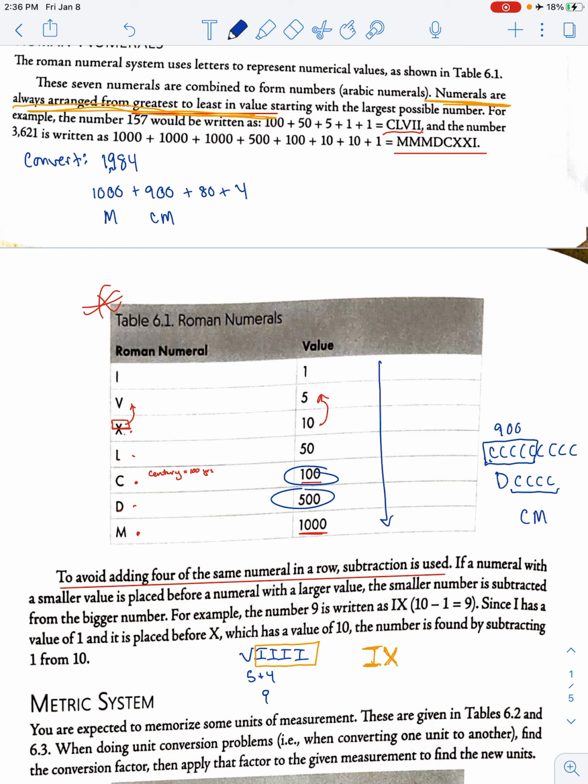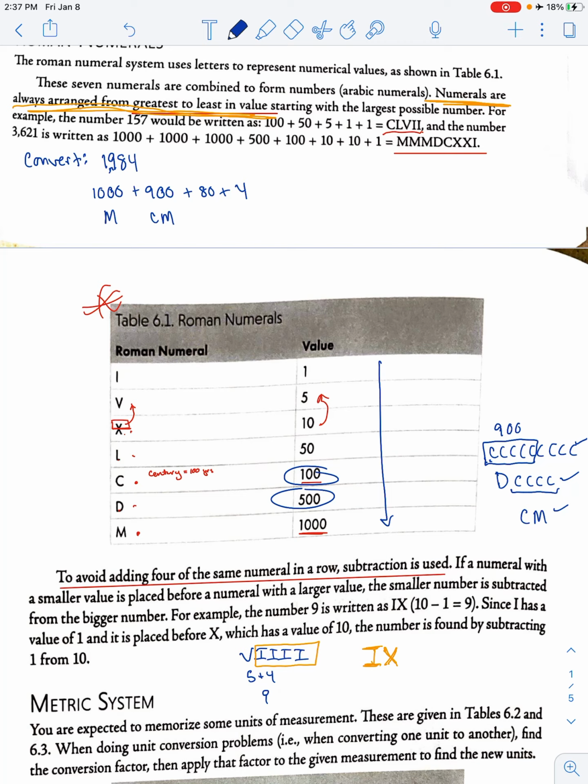If you see a number is close to the next number by just 1 unit, then you can use that subtraction rule. So you don't have to break it down like we did here. I just did that for explanation's sake to show you why it would be simpler to write CM. If you look at 900 and you're like, oh, that's pretty close to 1,000. It's just 1 unit of 100 less than 1,000. Go ahead and use the subtraction rule, CM.